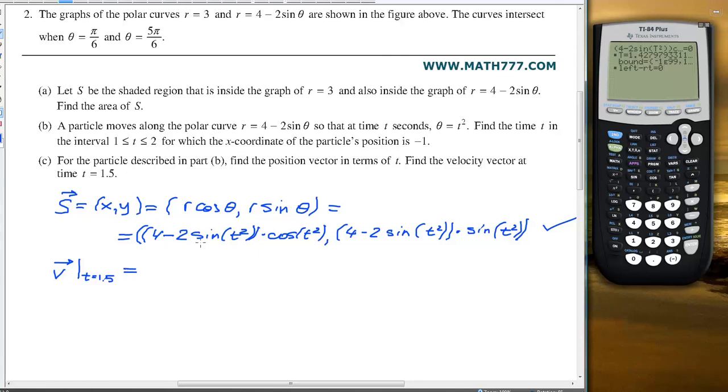differentiate. We need to differentiate the x coordinate and the y coordinate.